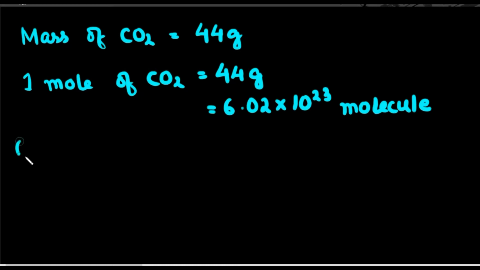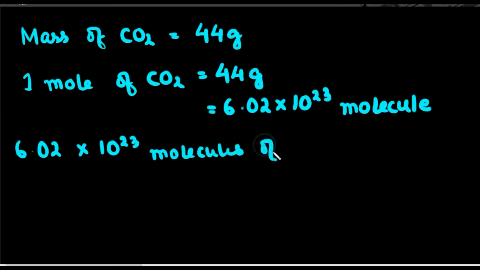Now these 6.02 into 10 to the power 23 molecules of carbon dioxide will have a mass of 44 gram.